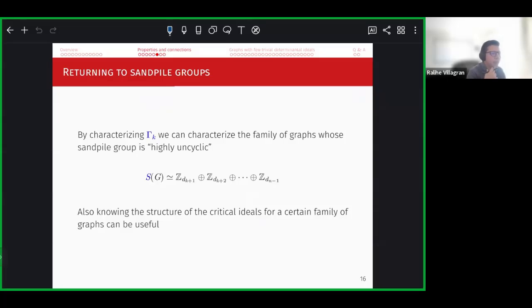Also, knowing the structure of the critical ideals for certain families of graphs can be useful.